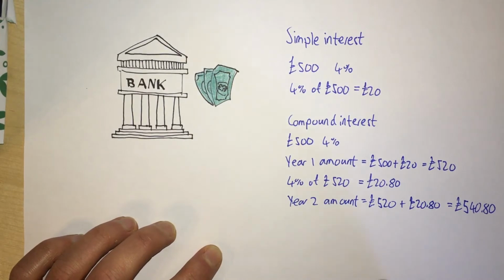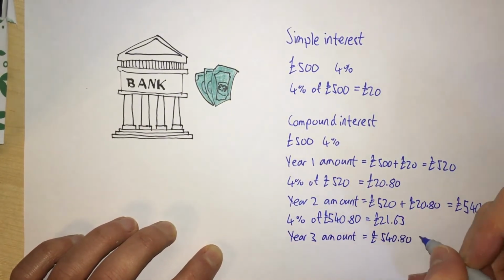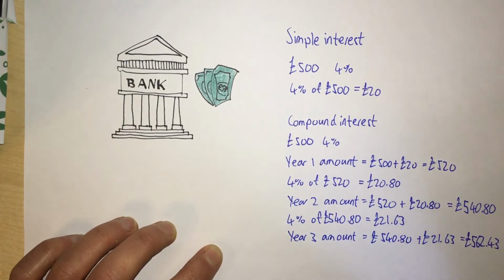To work out our amount after year 3, we have to work out 4% of £540.80 and add it on. At the end of 3 years of investment at compound interest, we have £562.43. That's £2.43 more than if we had simple interest for 3 years.